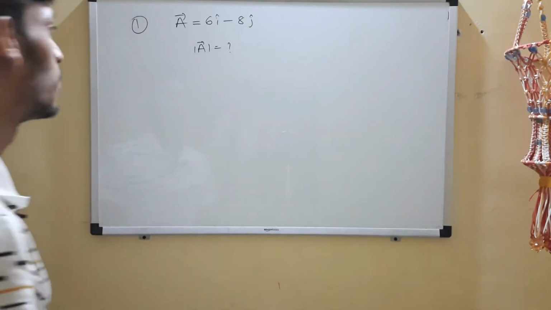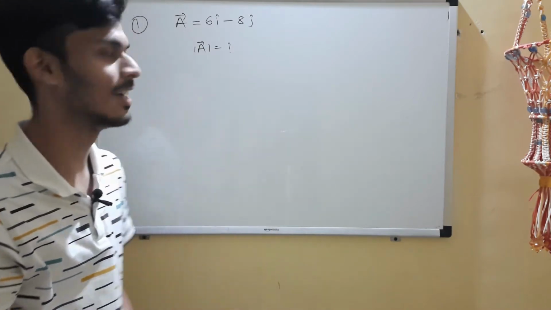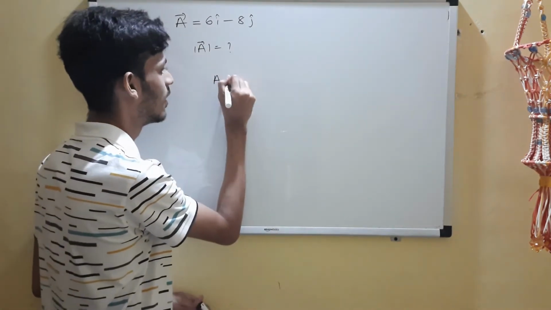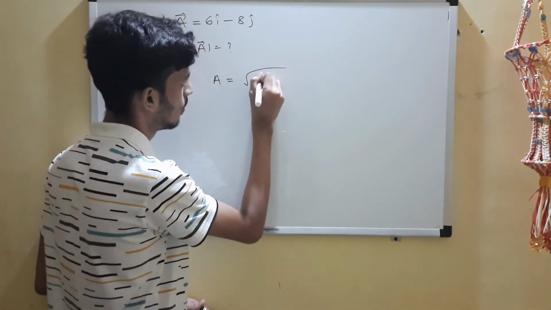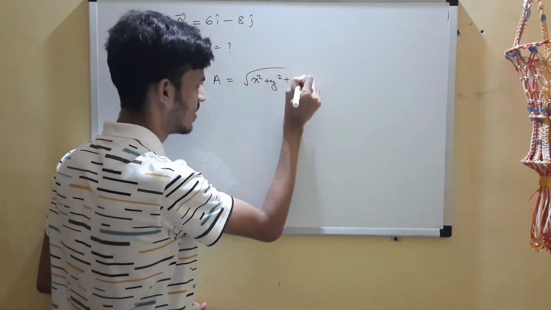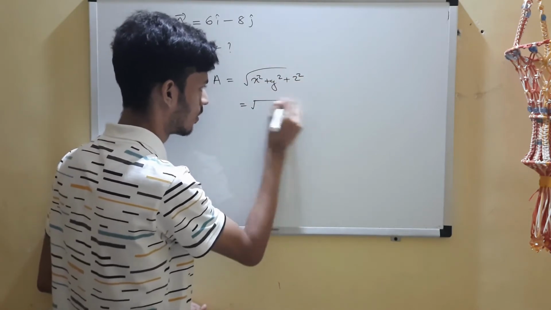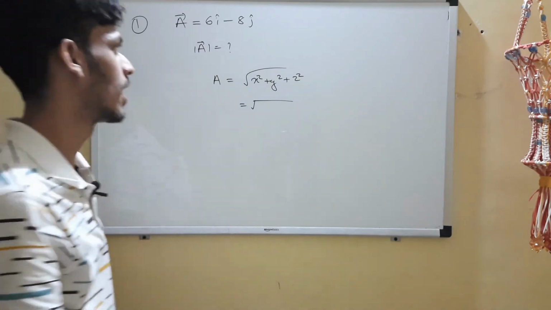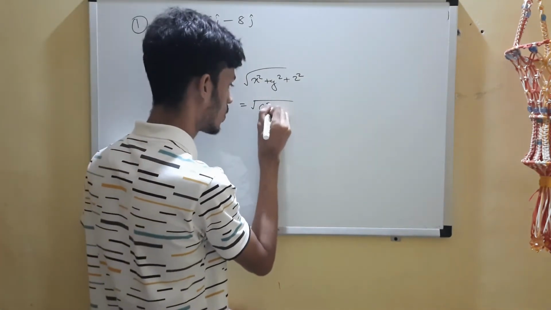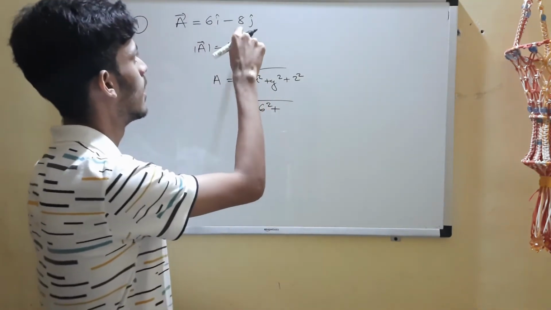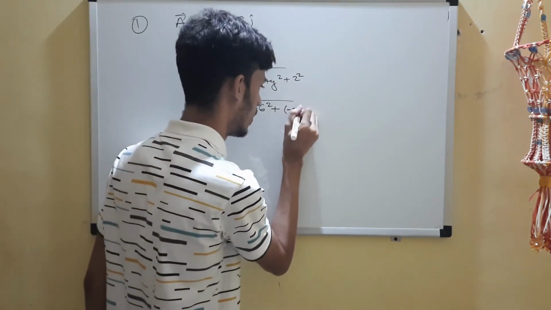If you know Pythagoras theorem, 6, 8, 10, the answer will be 10. Let's do it. So x square plus y square plus z square, z is 0. You don't have any coefficient of k cap there. So 6 square, this is x, and y is minus 8.